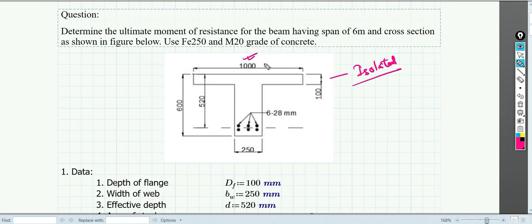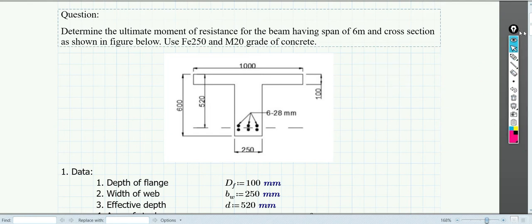So we have to check whether it is okay with the flange width that we can find out from IS 456, and the thickness is given as 100 mm, and we have six numbers of 28 bars which are placed at the web, and the width of the web is 250, and effective depth is 520, and overall depth is 600. So here you need to find out what is the moment of resistance, means how much moment it can resist. That is the objective of our problem.